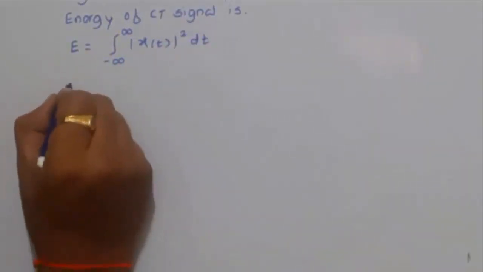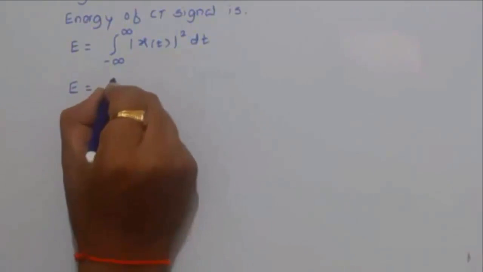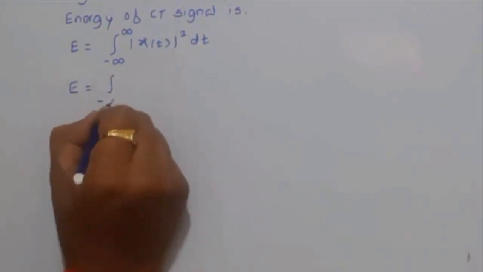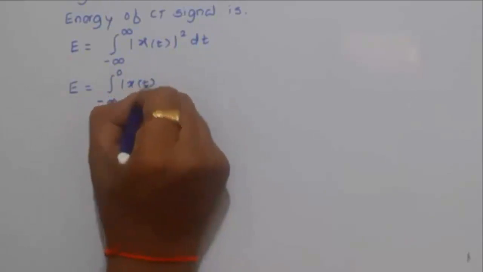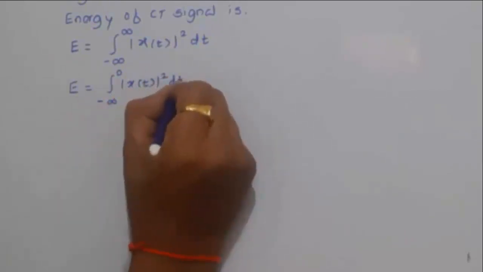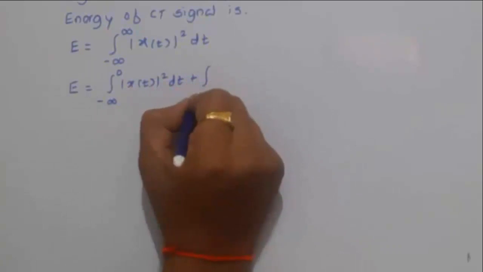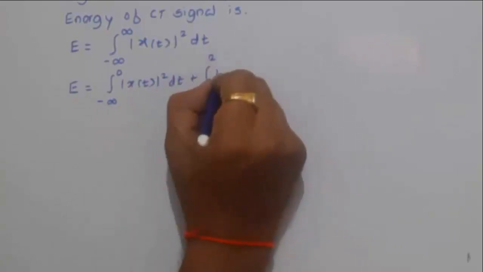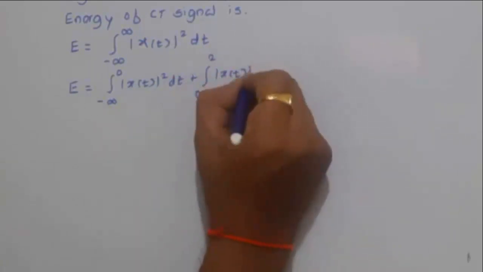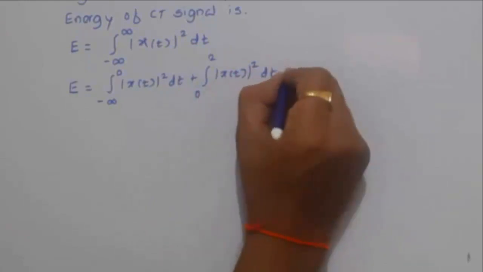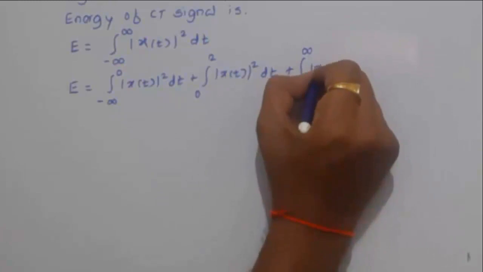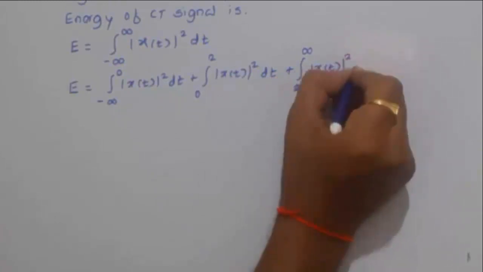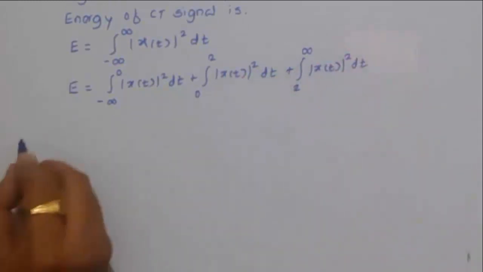Now we'll split the integration limits over integration minus infinity to 0 of mod x of t squared dt plus integration 0 to 2 of mod x of t squared dt and integration 2 to infinity of x of t squared dt, because we have been given the signal between 0 to 2.